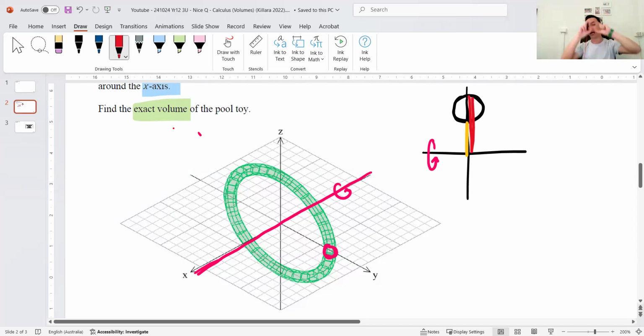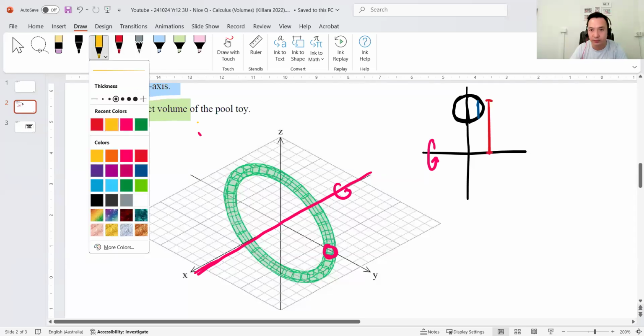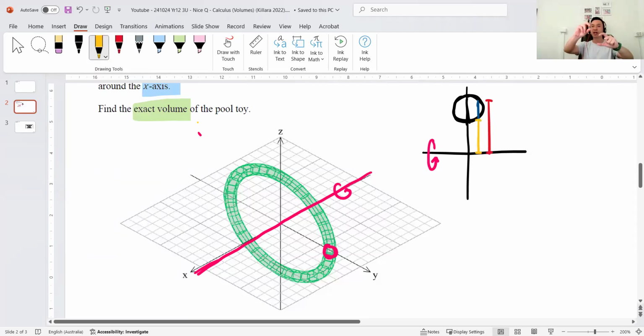The difference creates the donut. So for example, if I took a slice over here, the red goes up to there, and the yellow goes up to there. As that blue rotates around the x, it creates a really thin slice of the donut, where the volume of that slice would be the slice as it relates to the red minus the slice as it relates to the yellow.